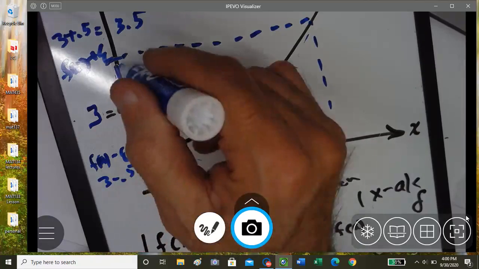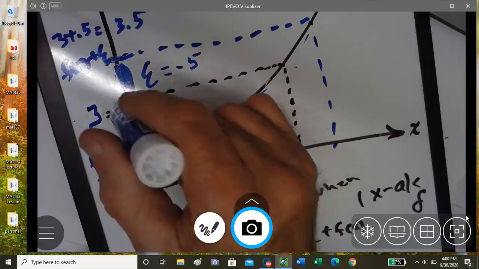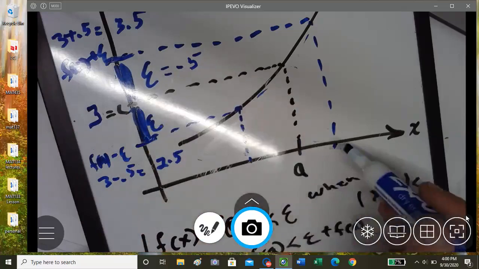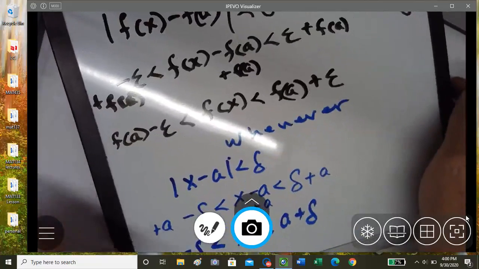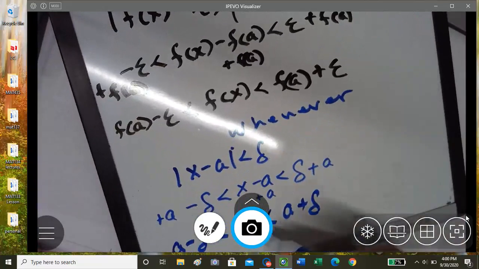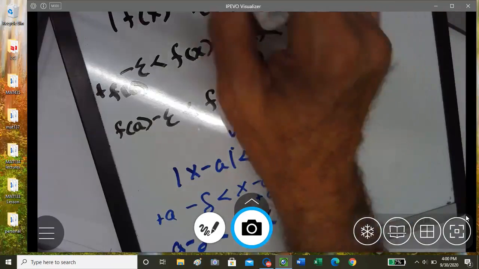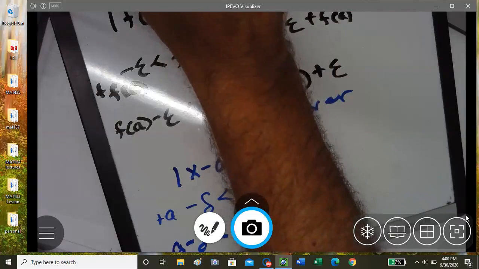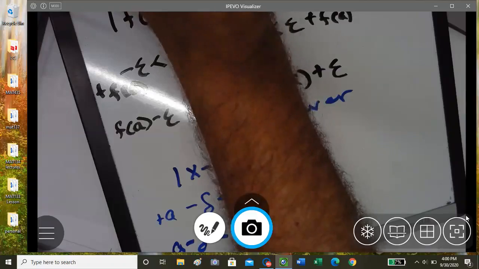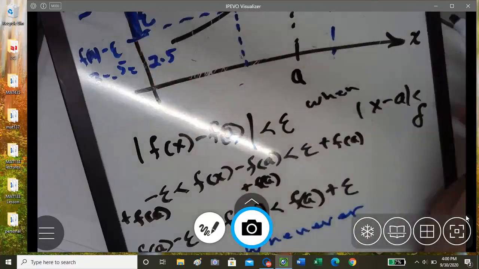So we're saying we can get within 3.5 to 2.5 close to this limit if we can find a delta that can guarantee that.